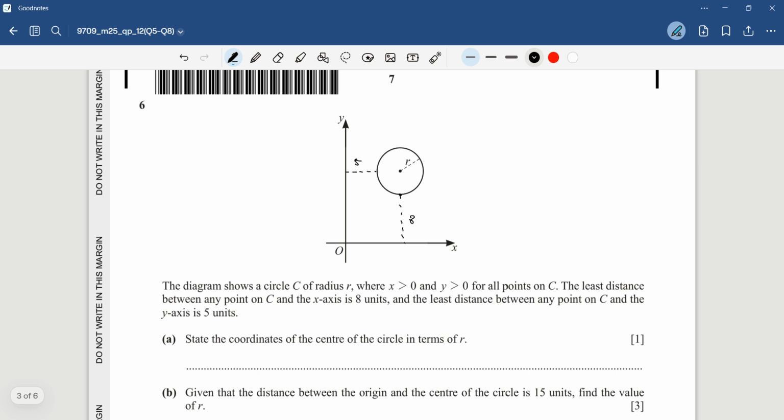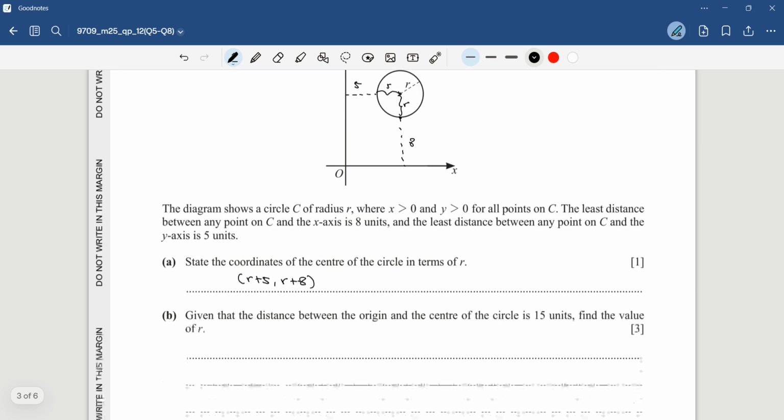So say the coordinates of the center in terms of r. This one will be r and this one will be r. Therefore your x-coordinate will be r plus 5 and your y-coordinate will be r plus 8.